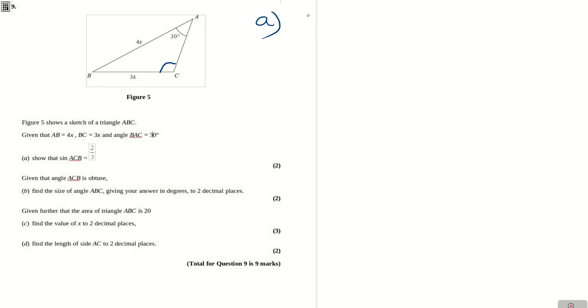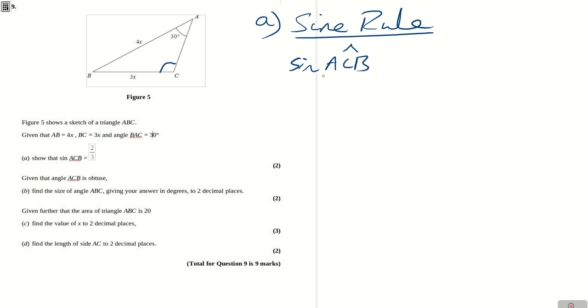Now to do that, we're going to have to use the sine rule. And the sine rule tells us that the sine of an angle, and we're trying to find angle ACB, divided by the length opposite, so the side opposite the angle ACB is the length 4x, and this ratio is going to be the same whichever angle you're looking at on the triangle.